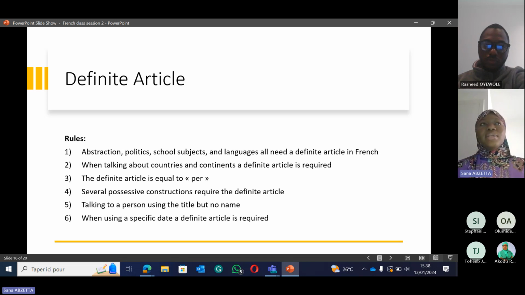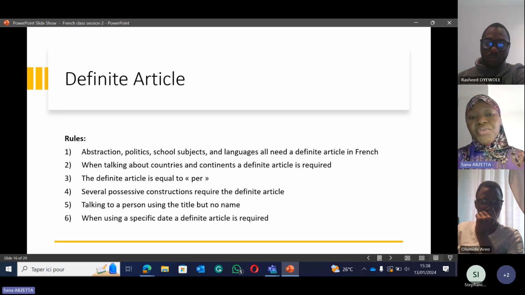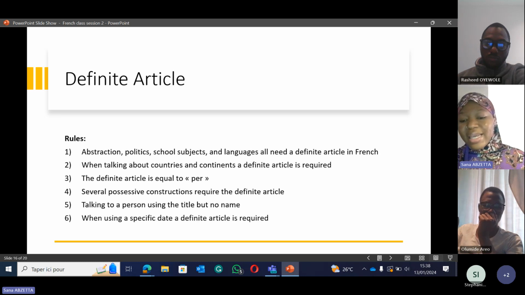For example, if you want to say that French is a difficult language, you cannot just say French without any article. In English you do not put an article before French, but in French you have to say le français est difficile. Always, if you are talking about a language, you put the article before the language. It's required.